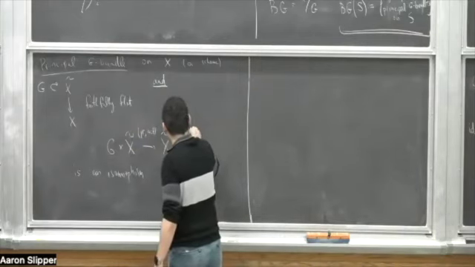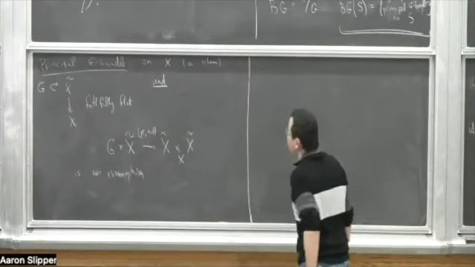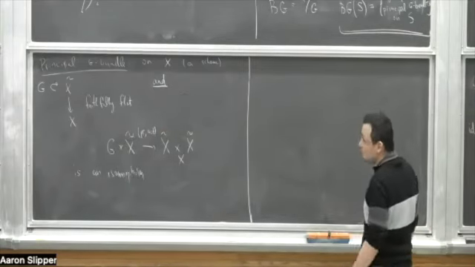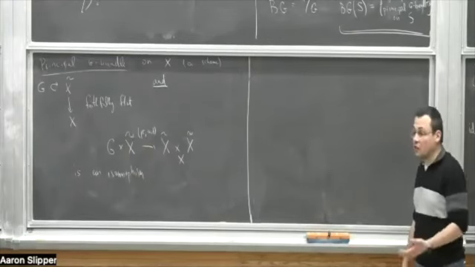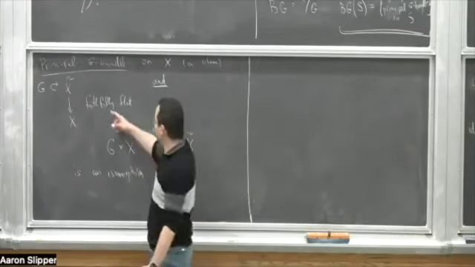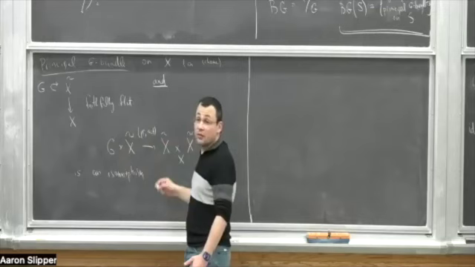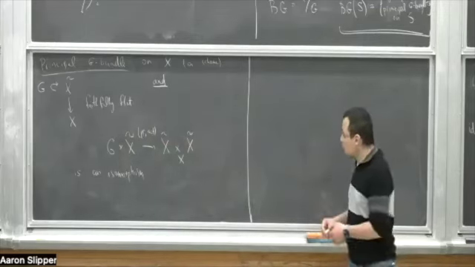For various reasons, I like this. One is it doesn't appeal to the topology so much, and it generalizes to settings where you don't have a natural topology, where you replace faithfully flat by some notion of surjective, and then this often gives you a good notion of what a principal G-bundle is.